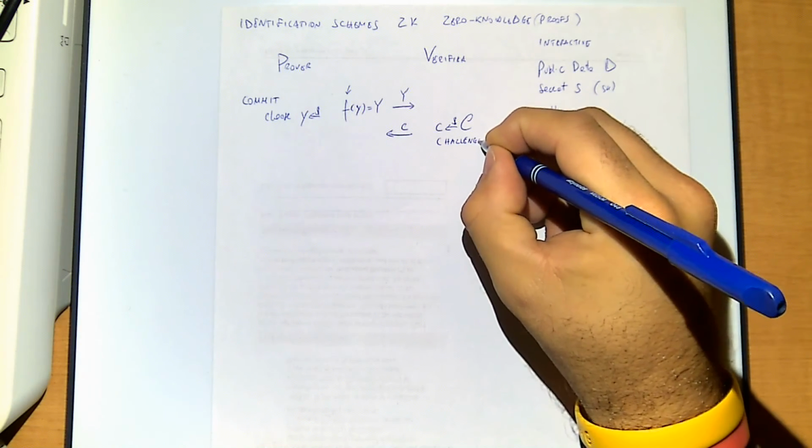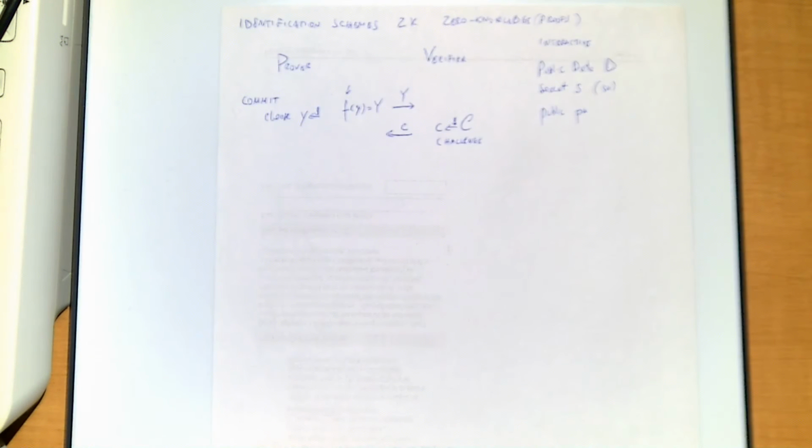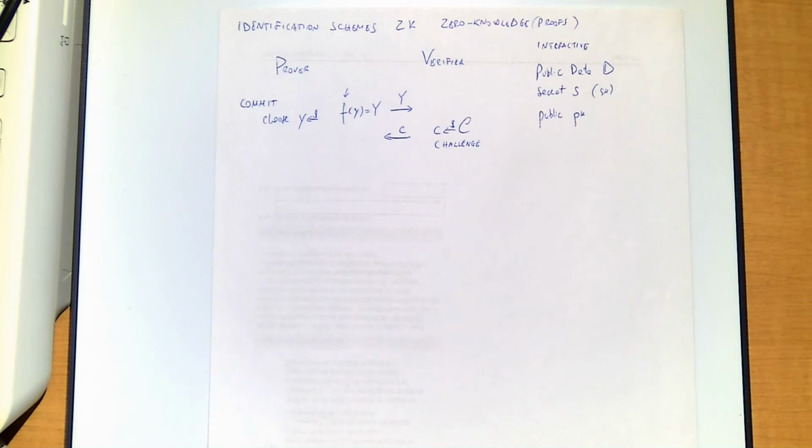By committing, what you do is that you fix something so you cannot cheat later. Because otherwise it would be easy to just receive something from the verifier and then adapt your response to it. So you pre-commit to something. You're like, oh look, I know how to solve this. Okay, take this challenge and solve this particular instance.